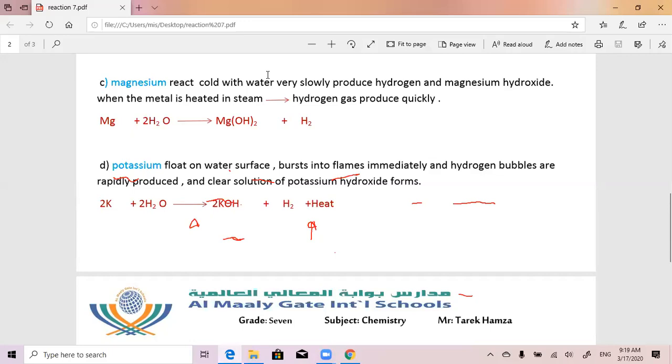So potassium reacts strongly with water. And there is a clear solution of potassium hydroxide.